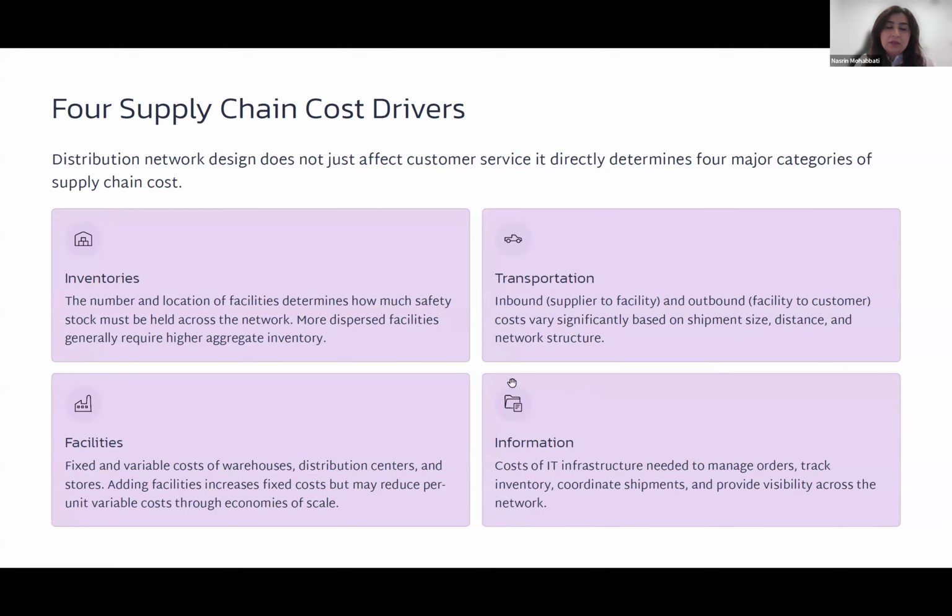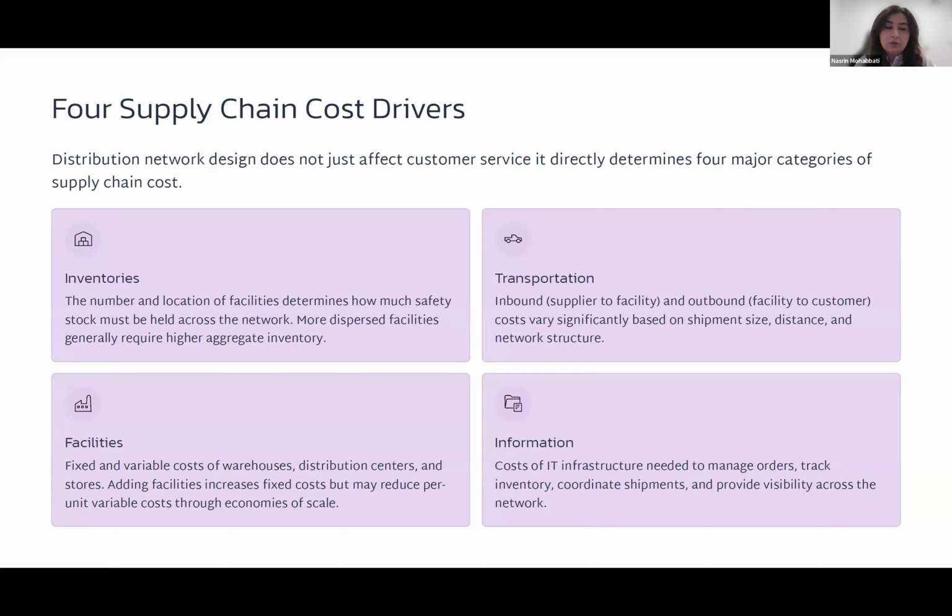So let's talk about the cost. So we do have different kinds of cost in our supply chain. Obviously, we need to keep inventory in warehouse centers, distribution centers, retail stores. We do have some transportation costs. We are shipping goods from manufacturers to the distribution centers and from distribution centers to the customers or to the retail store.